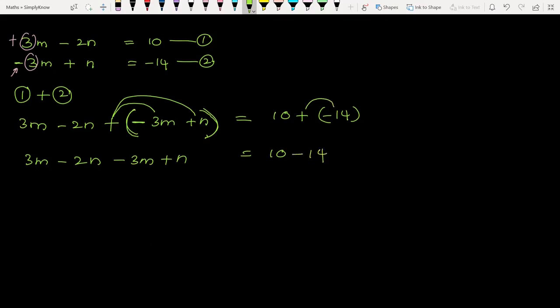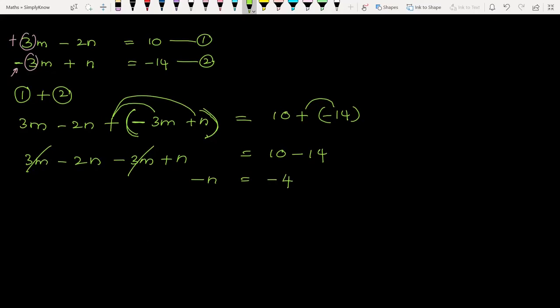Yes, we can cancel 3m and minus 3m. Then the remainings are minus 2n and plus n. When we simplify these two, we get minus n. Equals 10 minus 14 is minus 4.